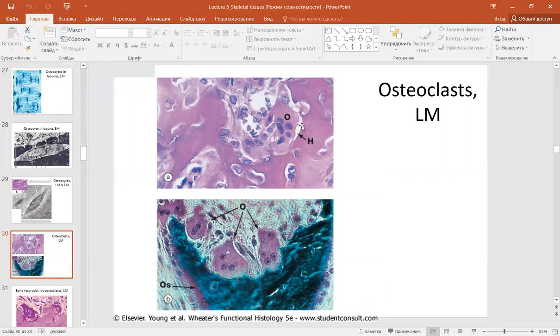Here you have the osteoclast in the Howship's lacuna, which is the site where the resorption of the bone tissue takes place. Each osteoclast has several nuclei.